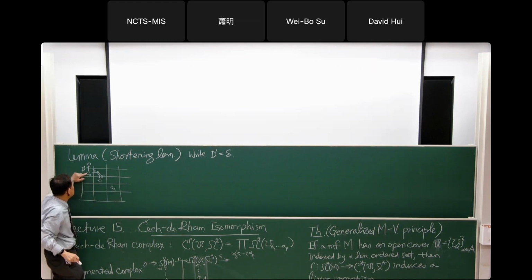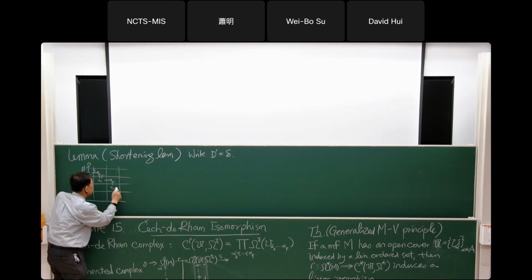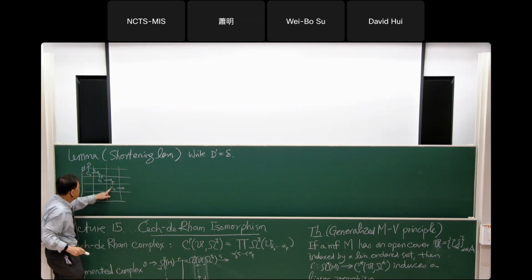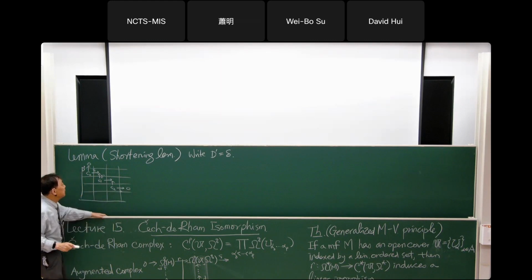That means delta of this has to be equal to minus D double prime of this. You have something like this. And then at the end, delta of this has to be 0, if you have a cocycle.